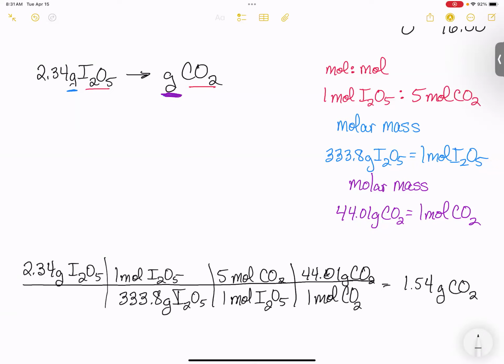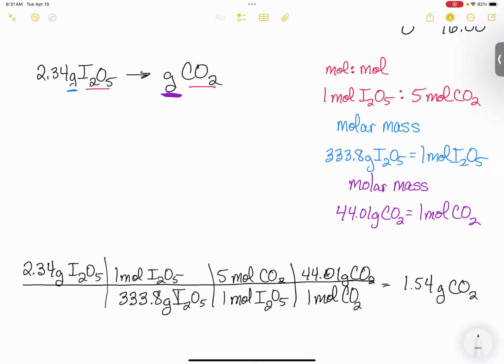I then noticed that I needed grams of CO2. Since I needed grams, again, anytime you see grams, it means you're going to need the molar mass as a conversion factor. So I calculated the molar mass of carbon dioxide, which is 44.01 grams of carbon dioxide is 1 mole of carbon dioxide. Once I had broken down what I was given and what I needed to solve for, I started with what I was given.